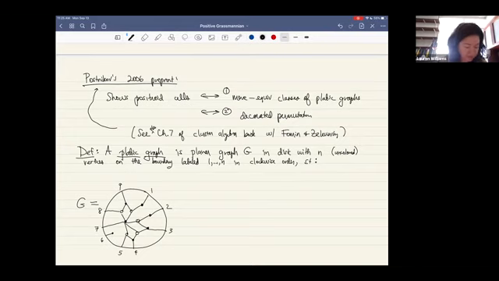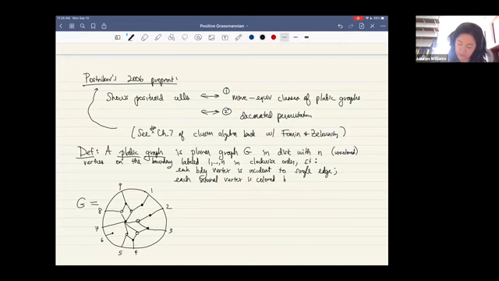And we're going to also impose the requirement that each boundary vertex is incident to a single edge, and each internal vertex is colored black or white, and moreover, each internal vertex is connected by a path to some boundary vertex.